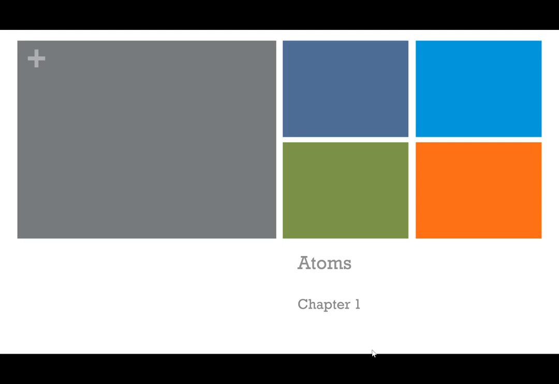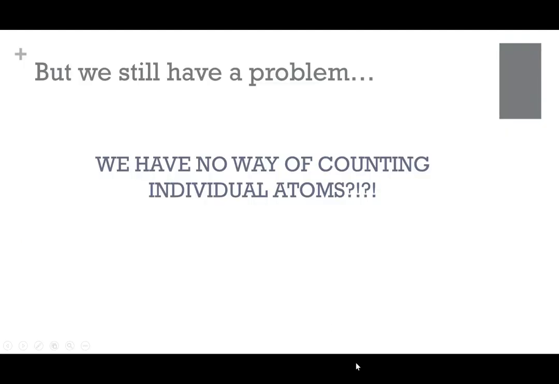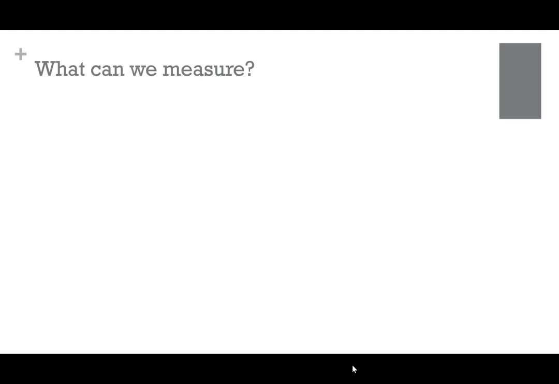Cool. But we don't really have a way of counting individual atoms, and certainly not in our lab or with our lab kits. So what kind of things can we measure in the lab? What would be a useful measurement and then a useful conversion for us?